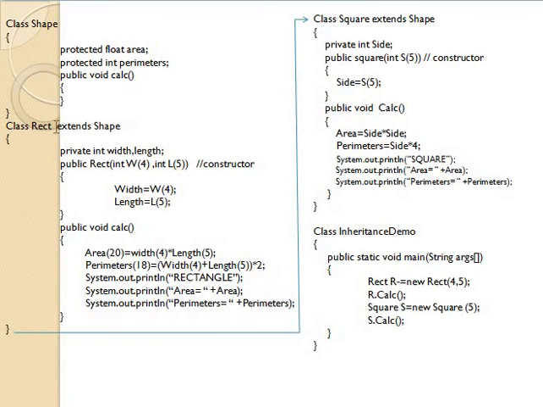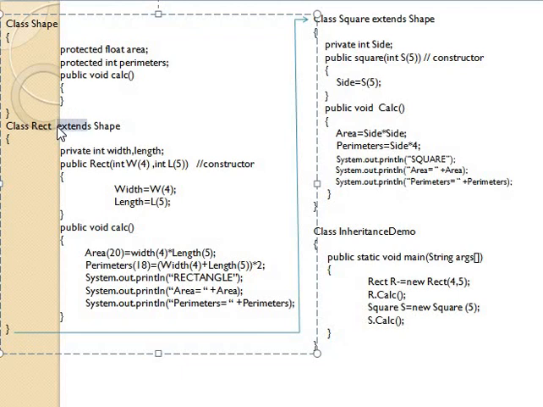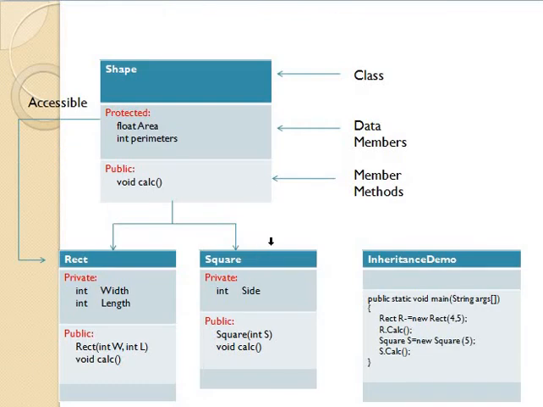Now there is another class rect which inherits the properties of its base class shape using the extends keyword. So this class rect is the derived class and the class shape will be the base class. And this is clearly shown here. The derived class rect acquires or inherits the properties of the base class shape.